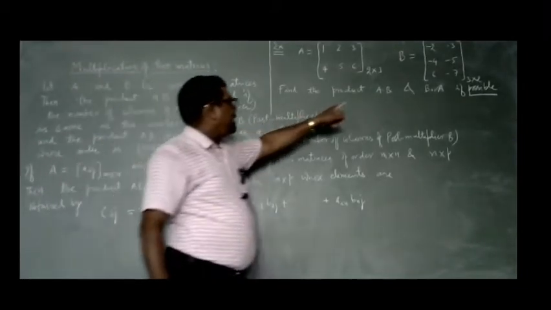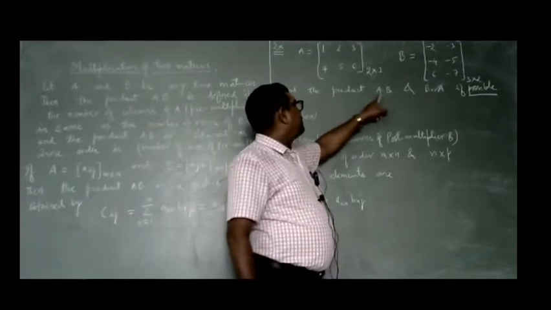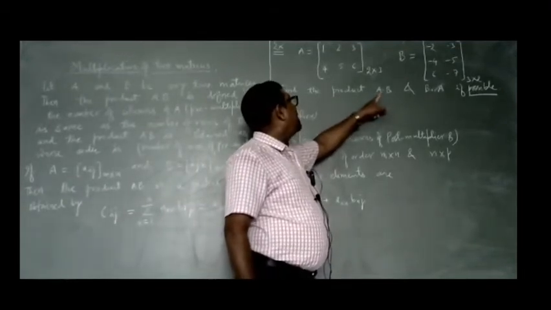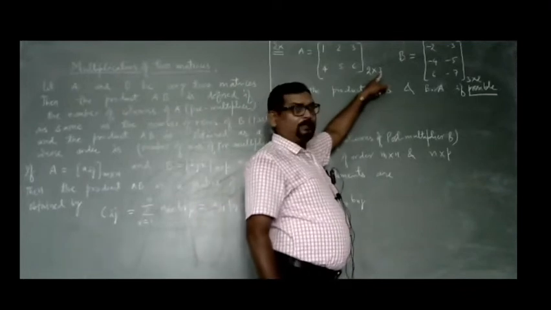In this case, when you find the product AB, the pre-multiplier is A, having the number of columns 3.